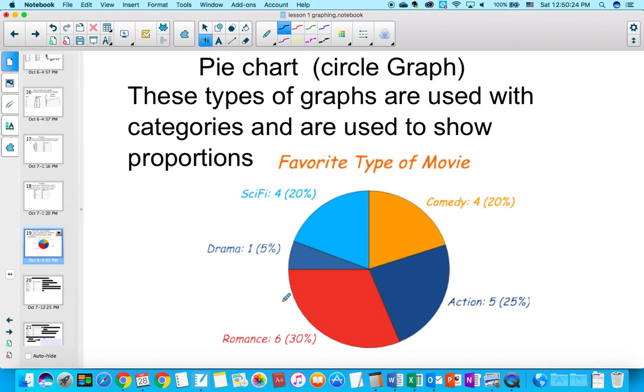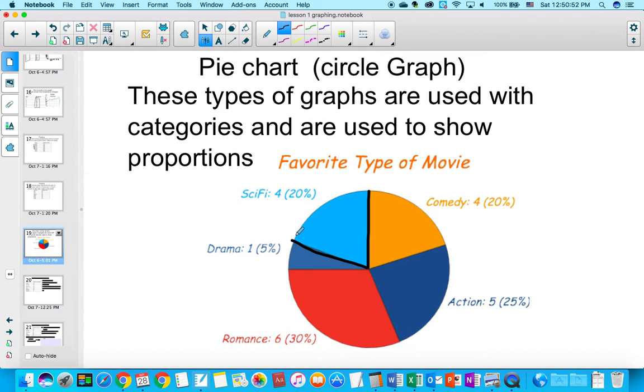Here we can see that 30% of people like romance movies, and 20% of people like comedy, and another 20% like sci-fi. And so you divide up the pie or the circle equal to the percentage. Right?